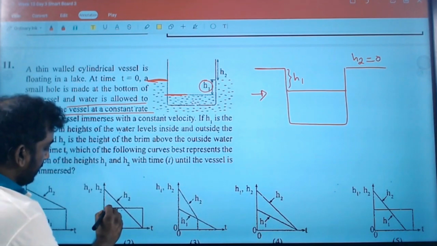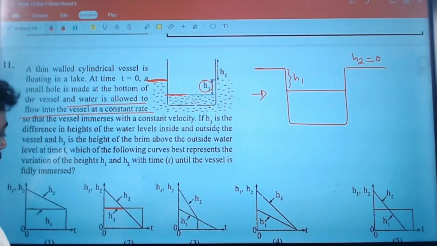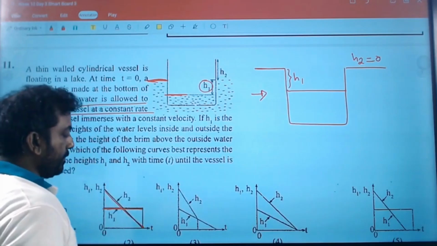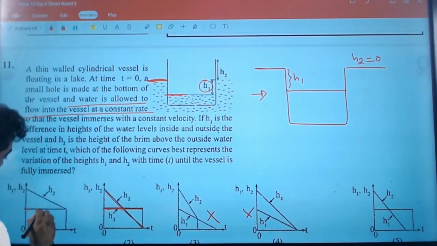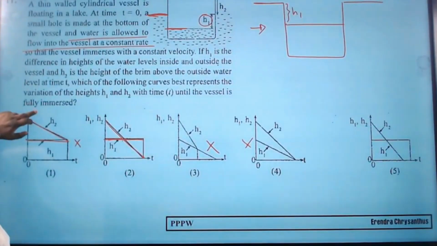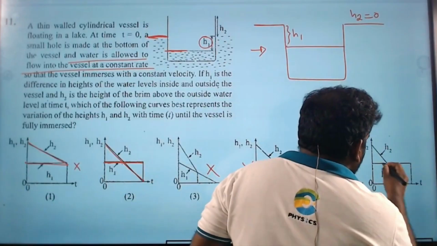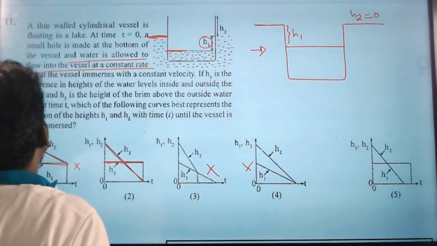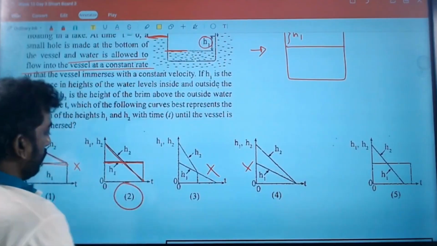So H1 is constant, H2 can be 0. H1 is wrong. H2 has reached here, that's also wrong. H1 is constant, H2 has reached 0 first. So the most suitable, correct answer is going to be answer number 2.